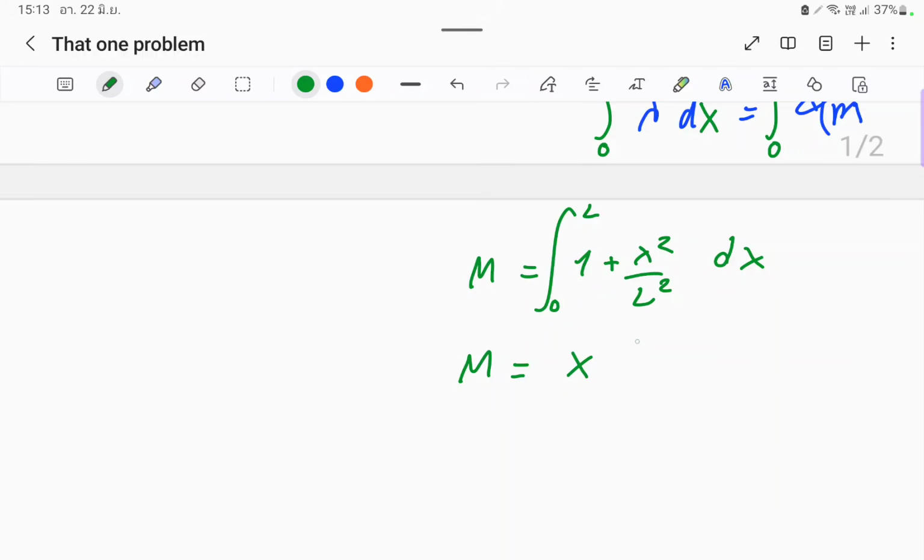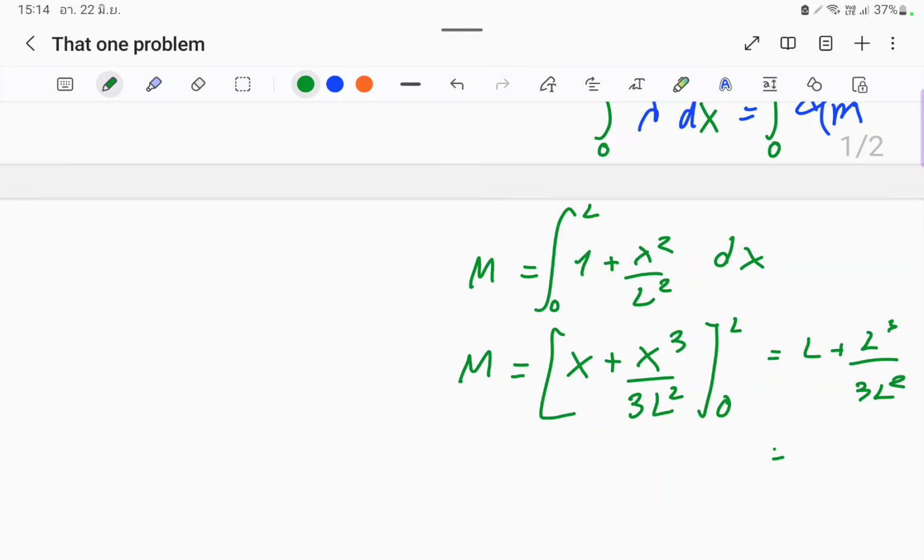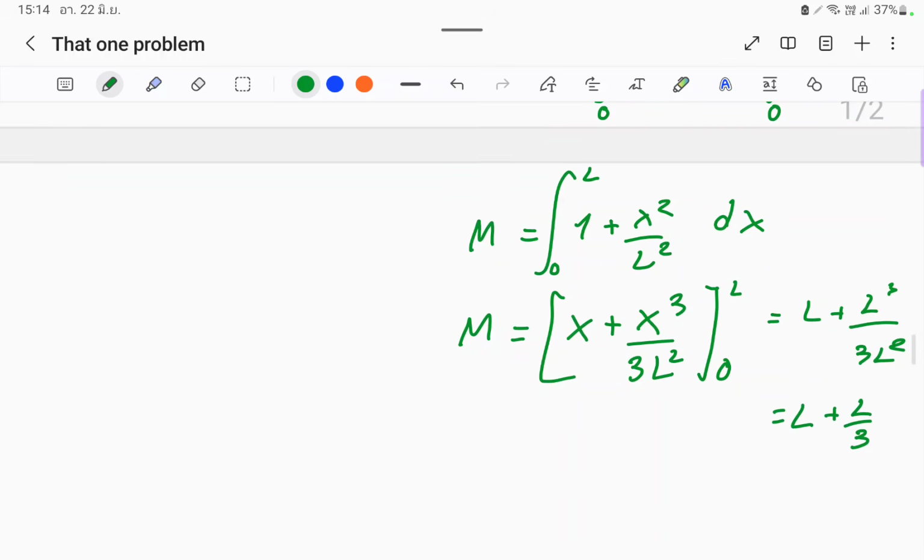So here you get x, and here you get x to the third over 3L squared, and you need to substitute 0 and L, which gives you L plus L over 3, and you get 4 thirds L.